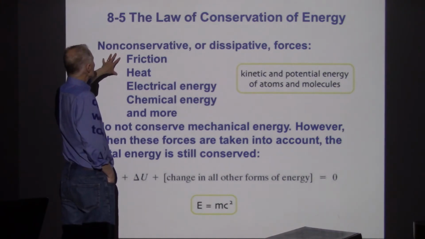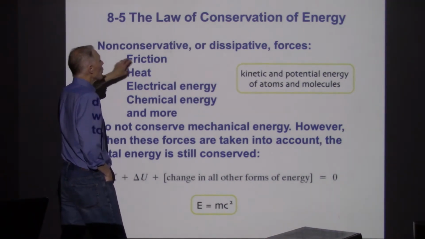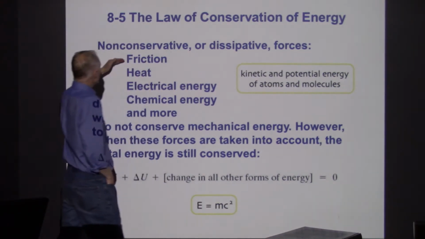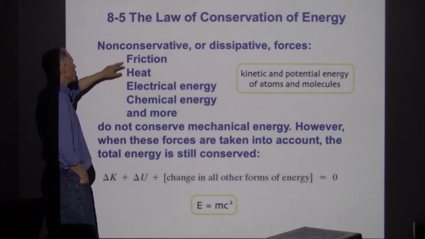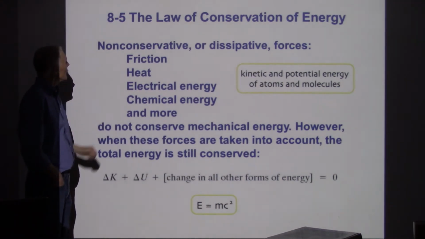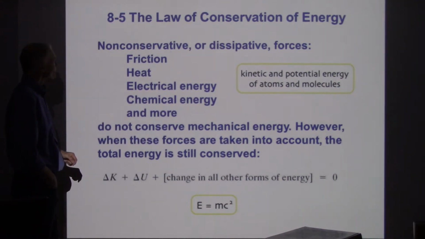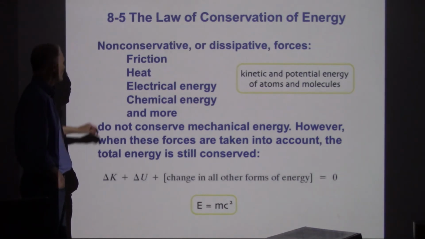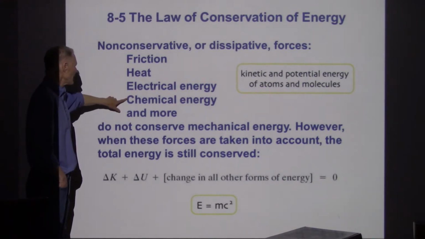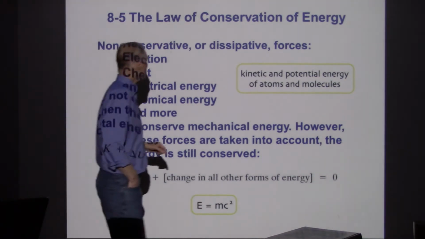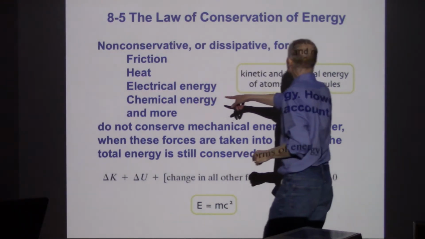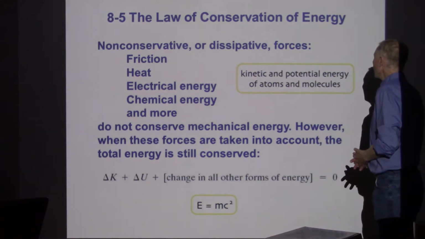We said that there are these non-conservative forces or dissipative forces, things like friction, which it's not really heat, it's not the force. The friction results in heat being generated. Electrical energy, chemical energy. So outside of mechanical energy, what we're looking at are other types of energy that could be involved.